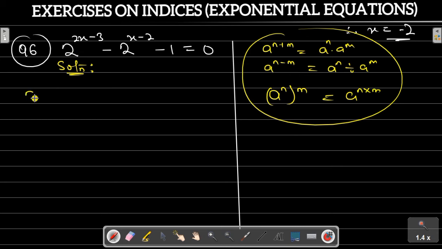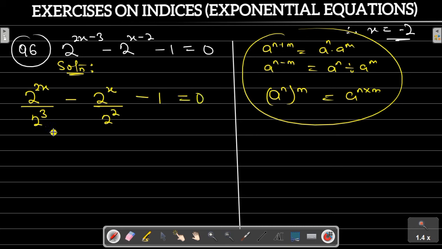All right, so let's go here. So what are we going to have? 2 raised to the power of 2x divided by 2 raised to the power of 3. Okay, but we can put that in form of division. Divided by 2 raised to the power of 3 minus, this one is 2 raised to the power of x divided by 2 raised to the power of 2 minus 1, all equal to 0.